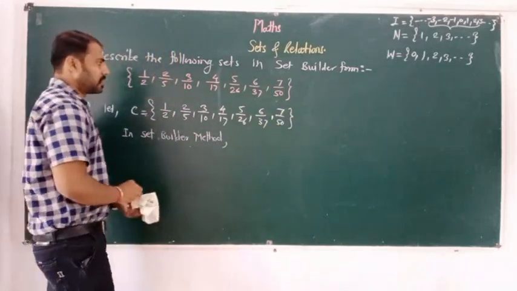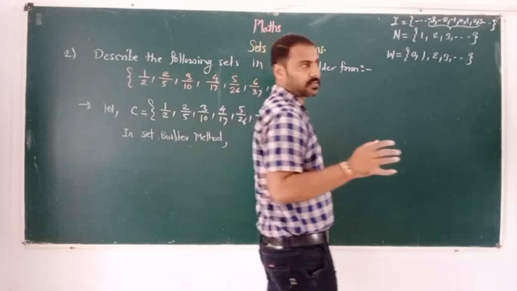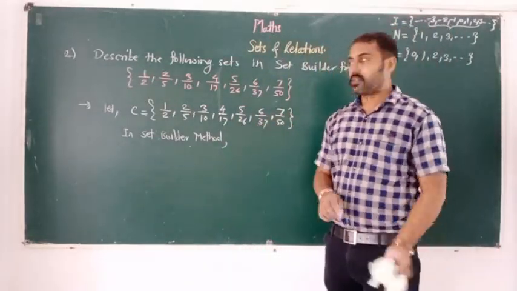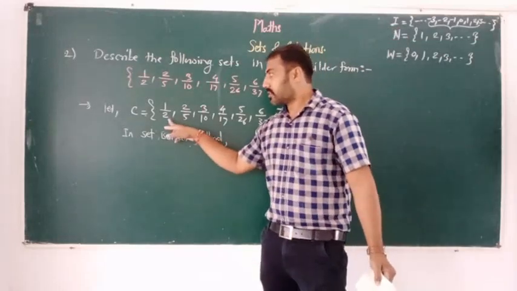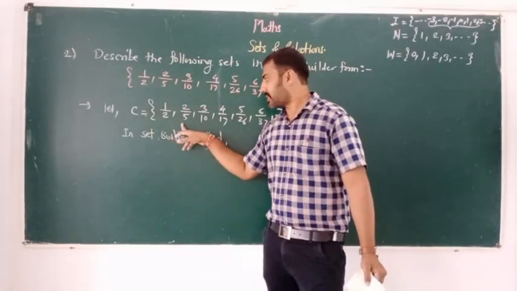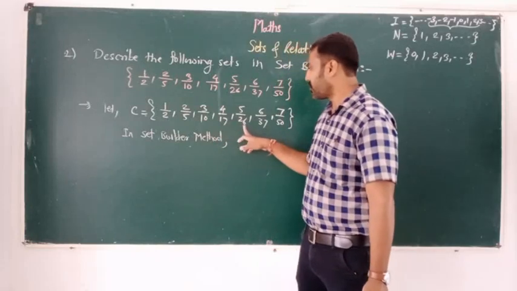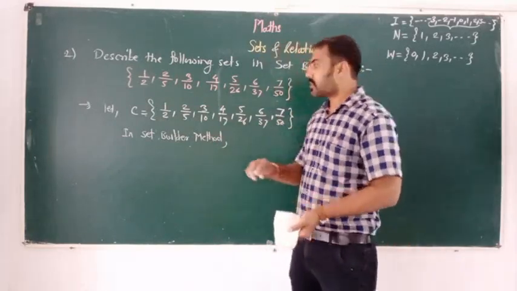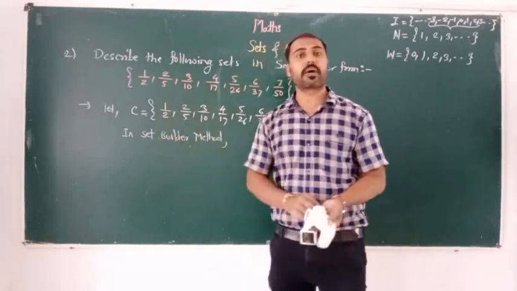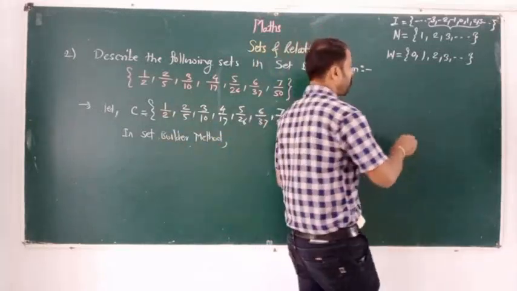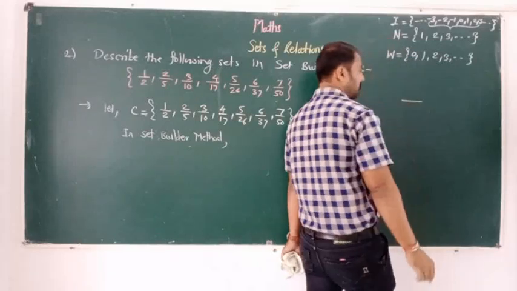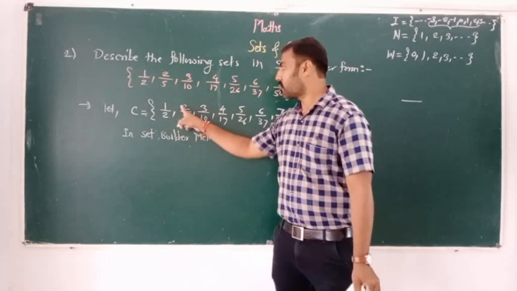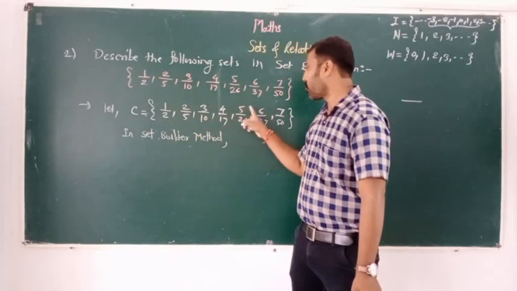Okay. Now observe the elements in set C. Look at it. First element, second element, third element, fourth element, fifth element, sixth element, seventh element. What is the common property there? Yes, these elements are in the form of p upon q, that is, something upon something. So I am writing that. In the numerator, what is there? 1, 2, 3, 4, 5, 6, 7.